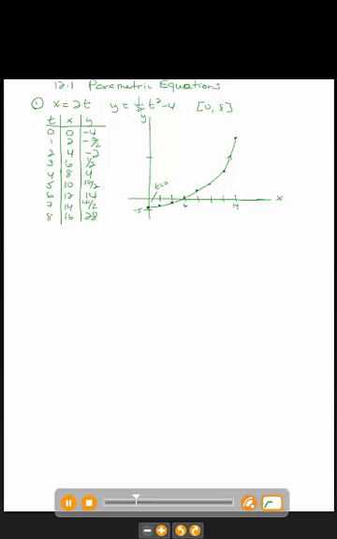Then at t is 2, I have 4, negative 2, so that's going to be about here. Whoops, what did I do? No, 4 gives you negative 2. That dot's in the wrong place.